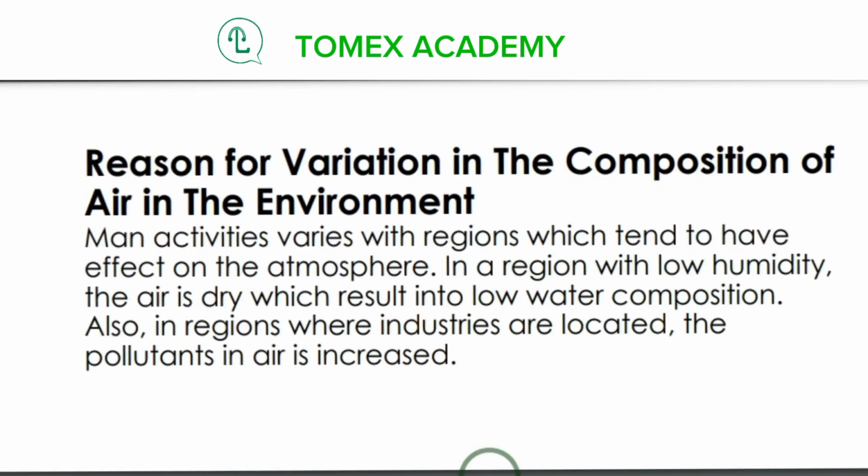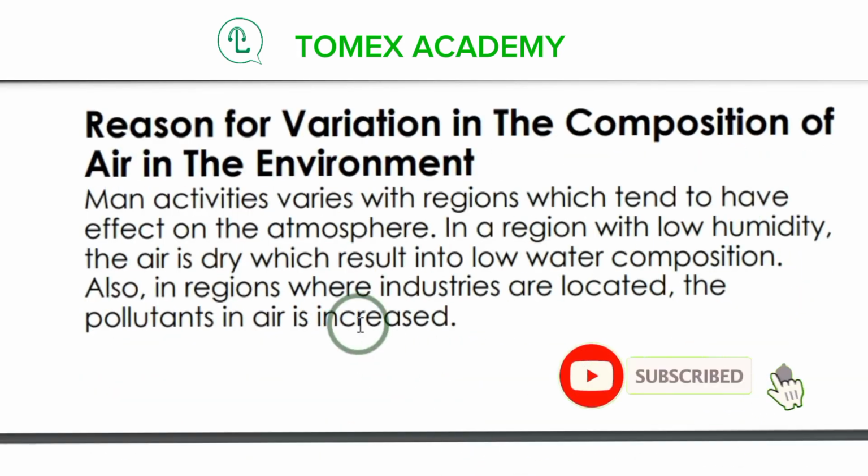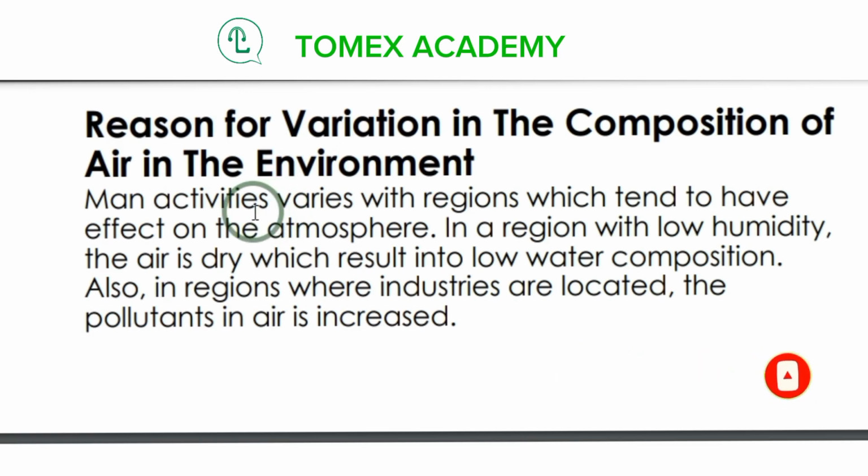Now let's talk about the reason for variation in the composition of air in the environment. Man's activities vary with regions, which tends to have effects on the atmosphere. In a region with low humidity, the air is dry, which results in low water composition. Also, in regions where industries are located, the pollutants in air are increased.